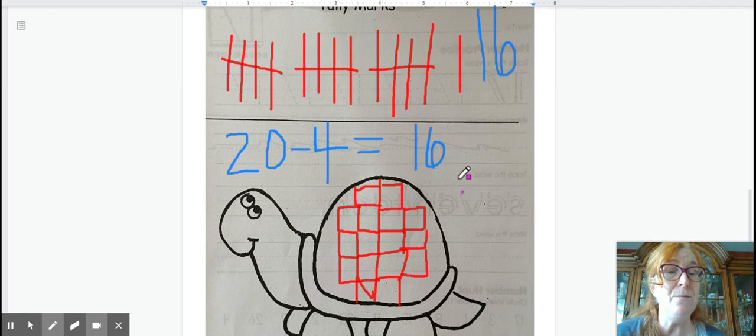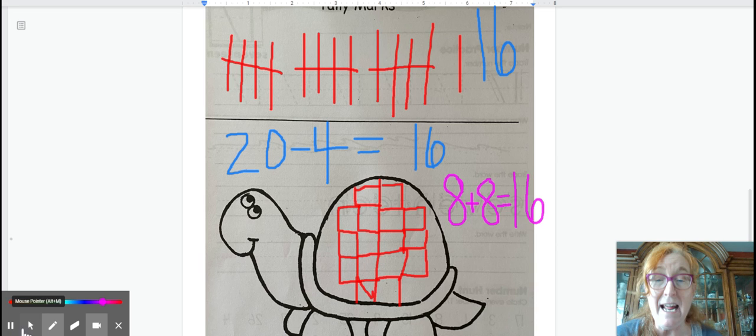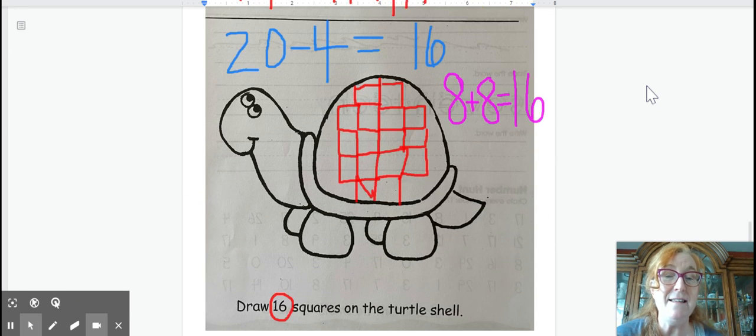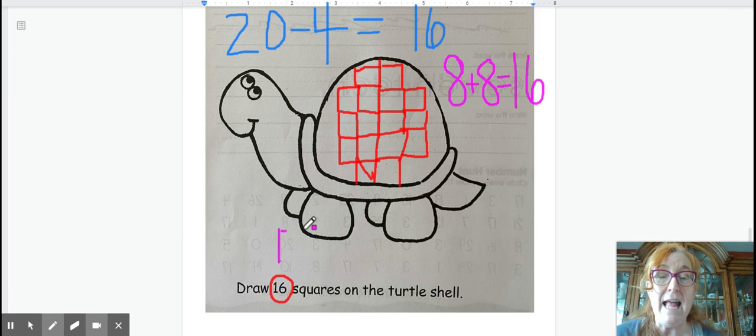If I want to do an addition problem, I'm going to do another fun one that I love because it's a doubles fact, which means I'm doubling the number 8. 8 is great. If I double 8, I get 16. 8 plus 8 is 16. And if I did that with dice, friends, I could make 4 dice, okay? And I could show you the doubles here so that I could make 8 and then another 8.